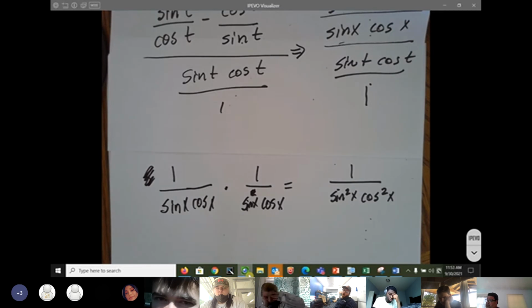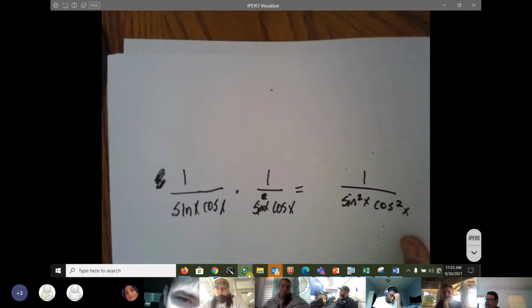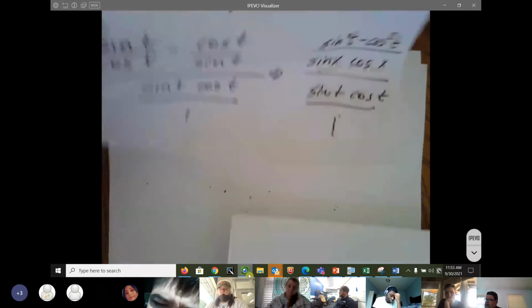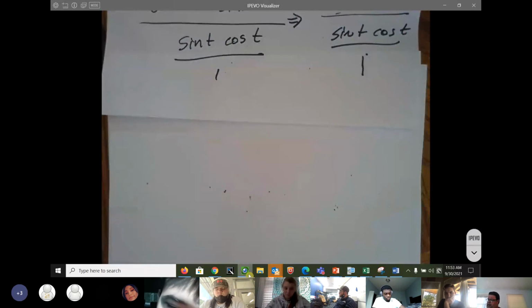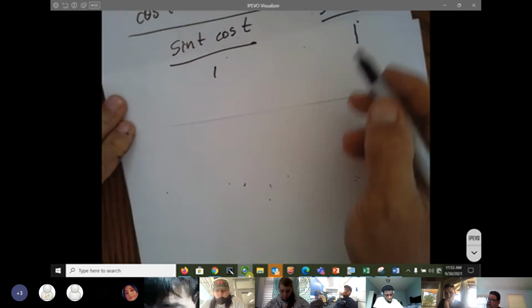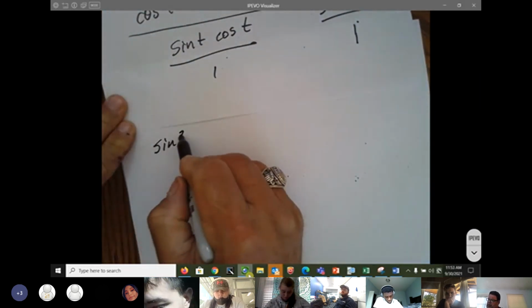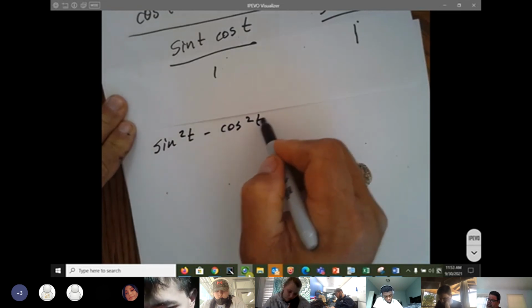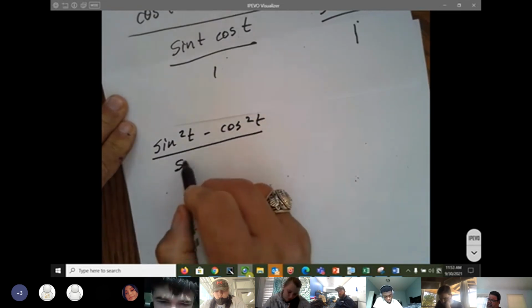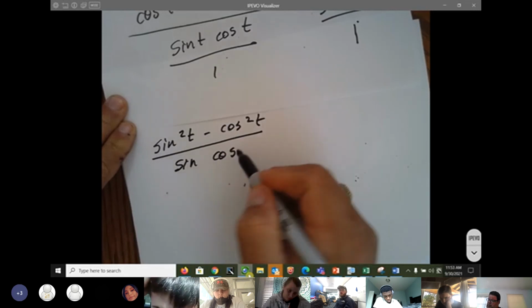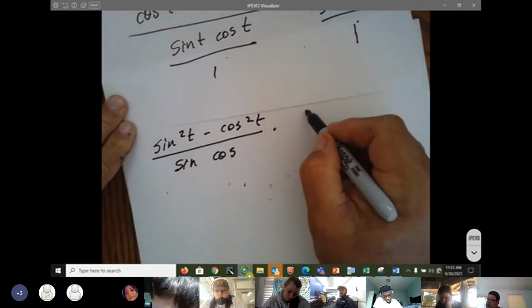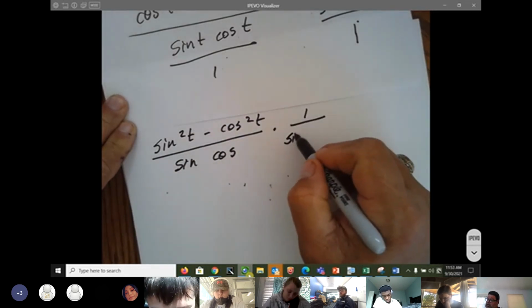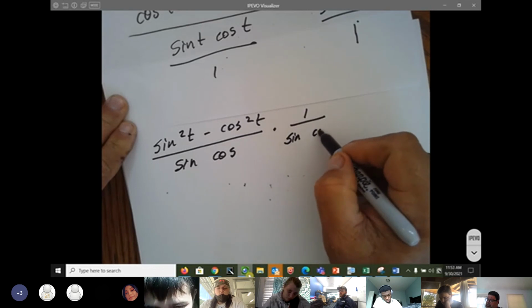Okay, I think I just had a brain bubble here. Let me start off from here again. I think the Benadryl is getting to me again. Okay, sine squared t minus cosine squared t over sine cosine multiplied by 1 over sine cosine.